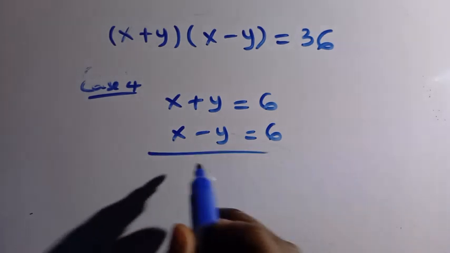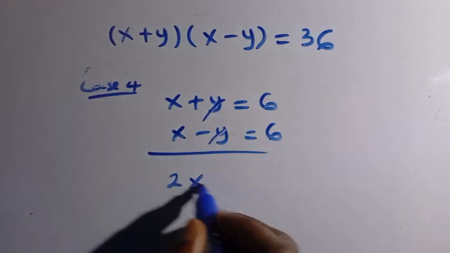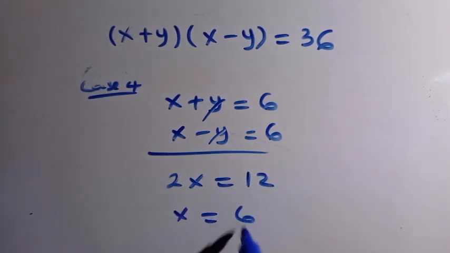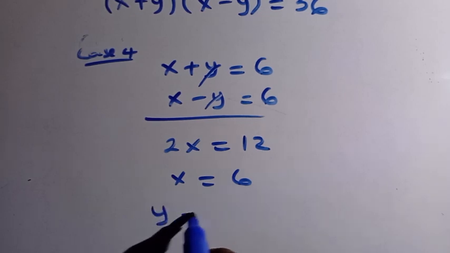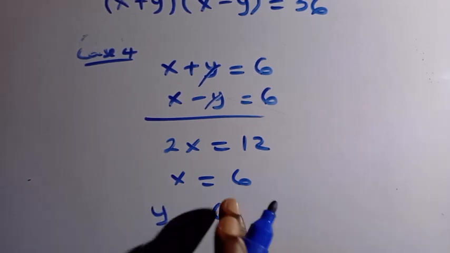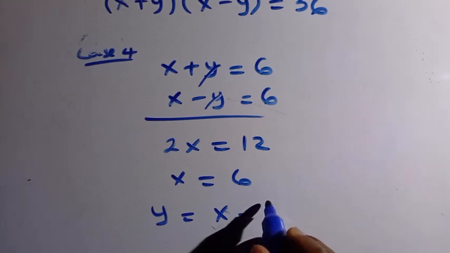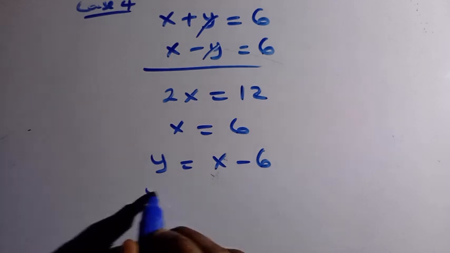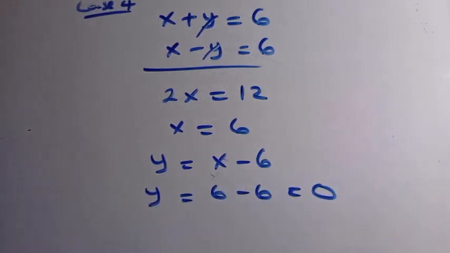By adding this together, we have this cancelled, then here is 2x equals 12, and we have x here equals 6. So if x equals 6, then we are going to have y equals x minus 6. So therefore we have y equals 6 minus 6, which is 0.